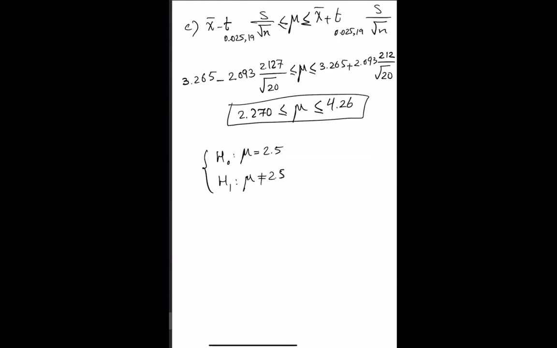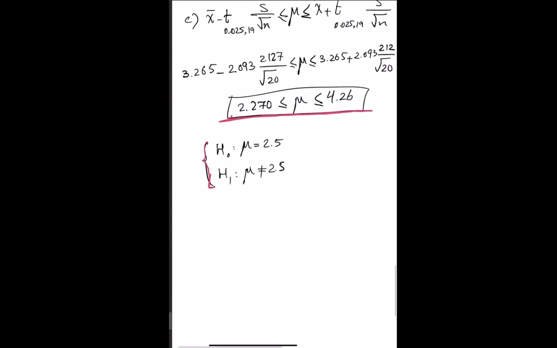So still, this is the hypothesis test that I want to run, and this confidence interval is all I have. Can you make a conclusion about this test given the confidence interval, and tell me why? It's in between the intervals, or I guess the 2.5 is in between the intervals, so fail to reject.